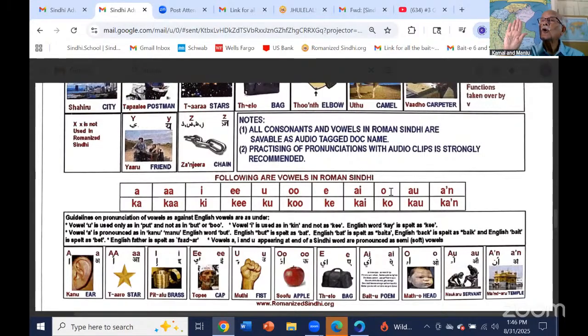Hathu. U. What is it? Hathu. Masculine or feminine? Masculine. Very good. Hathu is masculine. Muthi. Muthi. Fist. Muthi. Feminine. Very good.